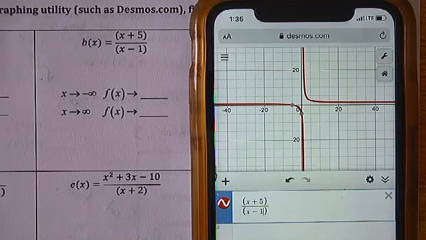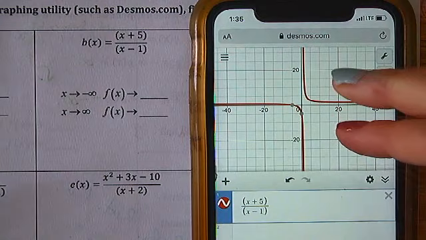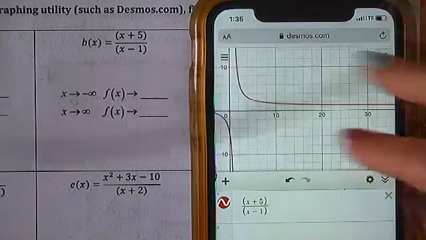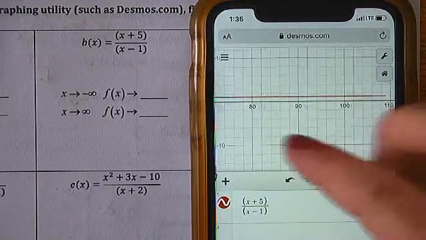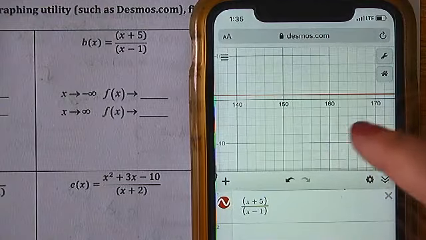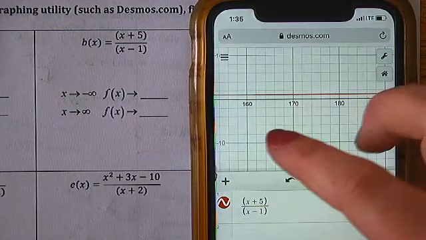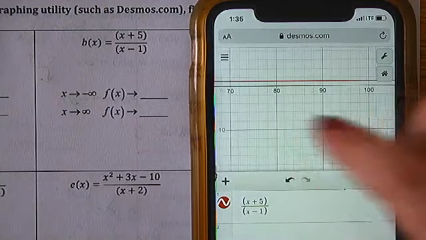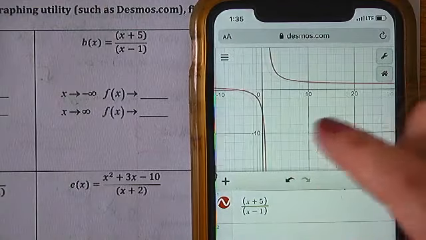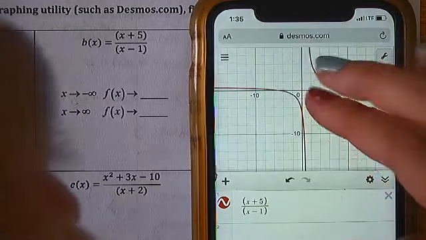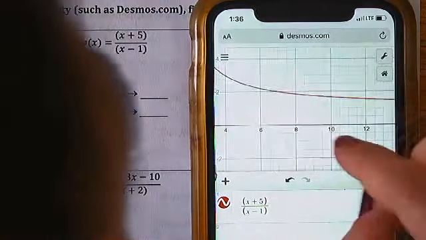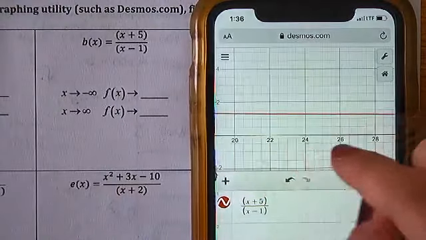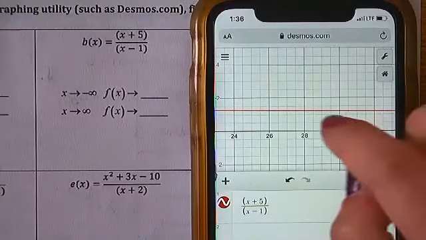Okay, let me go ahead and type in the next one. Okay, here's the next one, letter B. So let's see, like, what is this approaching? It doesn't look like it's approaching 0 as quickly, right? Does it look like it's approaching the x-axis as I go towards the right? It doesn't. It doesn't get closer and closer to the x-axis, right? So instead, what is it getting closer and closer to? So if that's 2, looks like it's getting closer and closer to that second line, right?